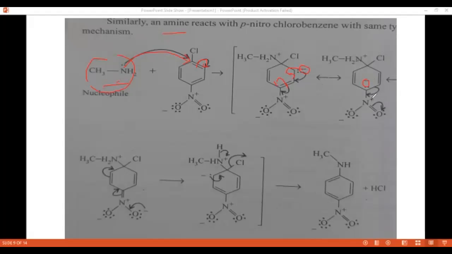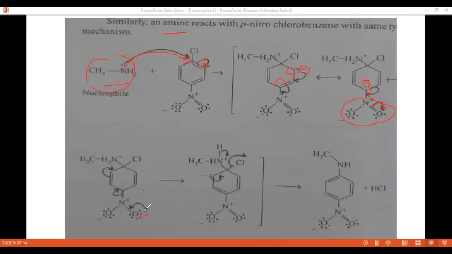Here the nitro group, an electron withdrawing group, is attached at the para position, and this negative charge is again delocalized into the nitro group. In this nitro group, the oxygen carries a negative charge.